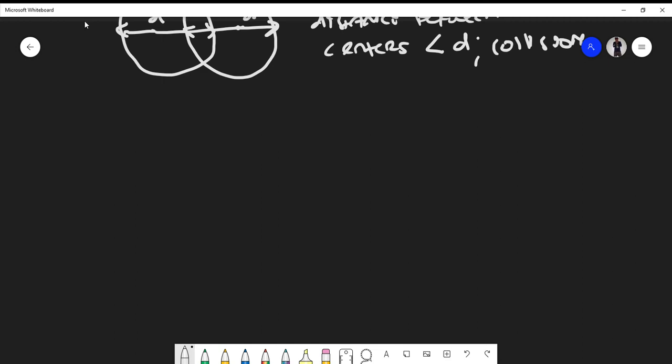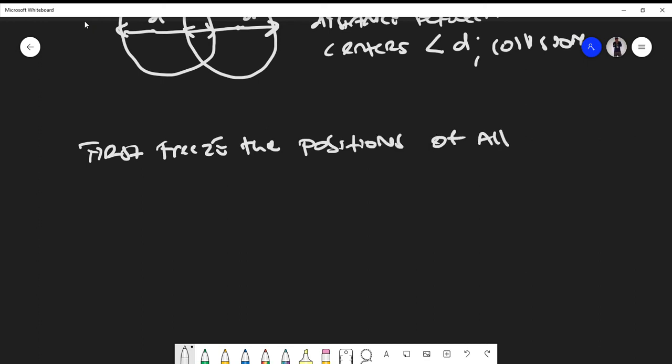So if you want to do that, the first thing we want to do is freeze the population, right? So in order to achieve our goal of calculating the frequency of collisions between molecules in a gas, the first thing you want to do is freeze the positions of all molecules except one.